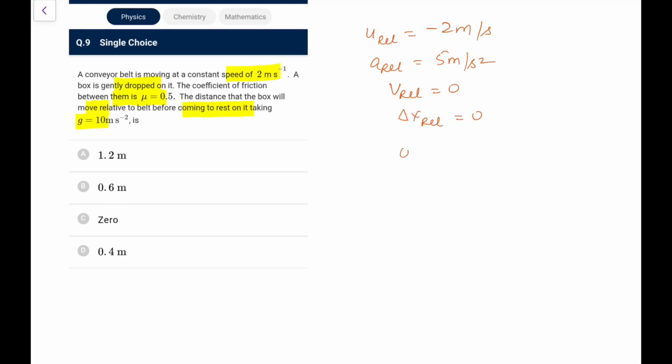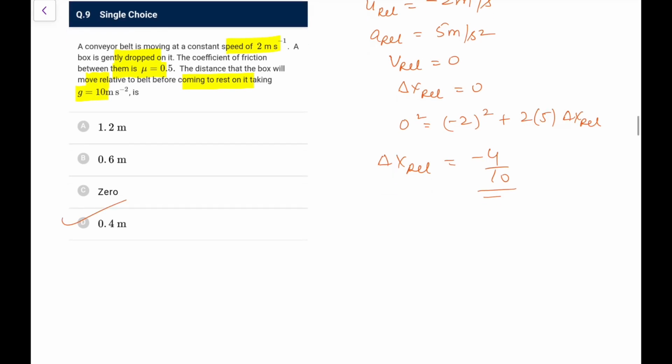So applying third equation, v square is u square plus 2as, so 2a, that is 2 into 5 into delta x relative, that would be backward also, so we have to just get the magnitude only, that would be 4 by 10, that is 0.4 meters backward, you can say, with respect to belt.